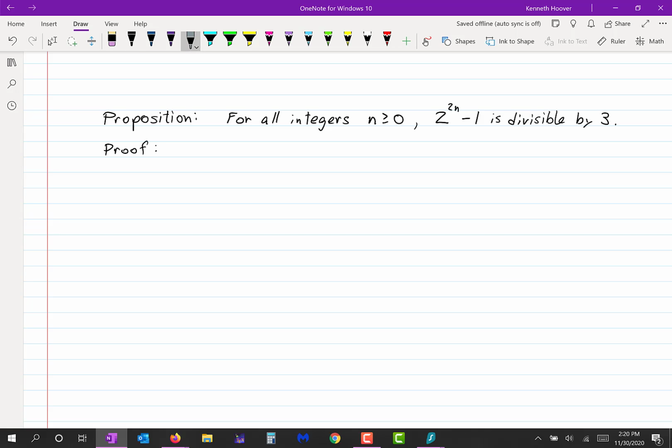First, let's check it and see if it sounds reasonable. If you did 2 to the power 2 times 0 minus 1, what would that equal? That would be 1 minus 1, which is 0. Is 0 divisible by 3? Yes, it is. 0 divided by 3 equals 0. If n equals 1, you would have 2 to the power 2 times 1 minus 1, which would be 4 minus 1, which is 3. Is that divisible by 3? Of course it is.